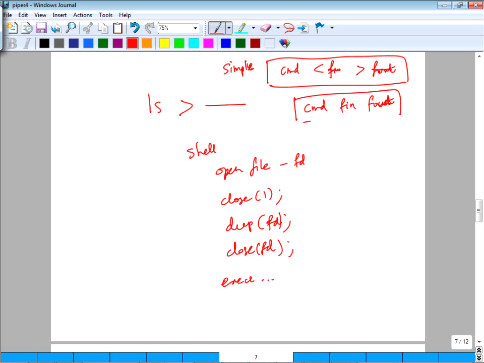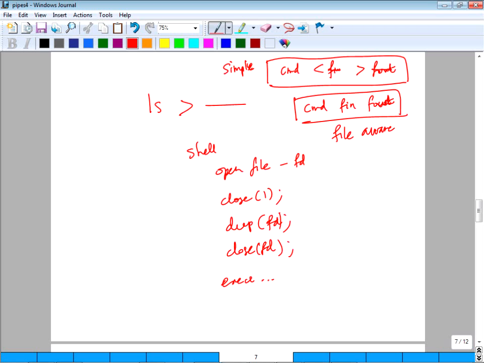In this mechanism, the command itself has to open the file explicitly and take care of the file not existing and all those other problems. Whereas with the shell, as soon as you say input some file, it will say file not found. It won't even execute.